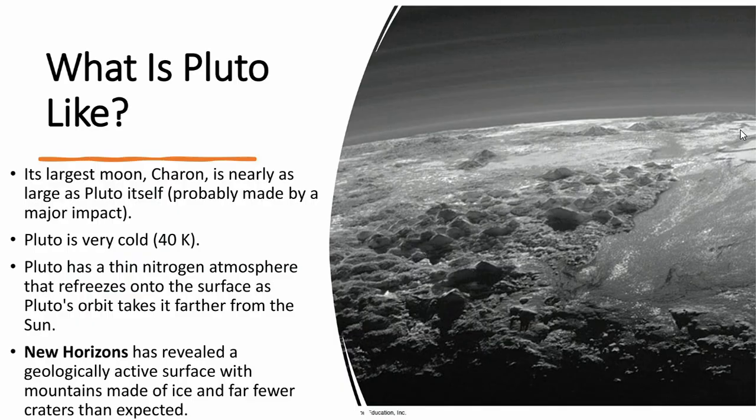It's very cold. When it gets close to the sun, it will have a thin nitrogen atmosphere, and then as it gets farther away from the sun, that atmosphere will basically freeze out and fall back towards the planet. And all of these pictures and data that we've gotten of Pluto are from the New Horizons mission that only recently made it to Pluto. And so this mission was launched before, when Pluto was still a planet, and it didn't get there until after Pluto was already demoted to a minor planet.